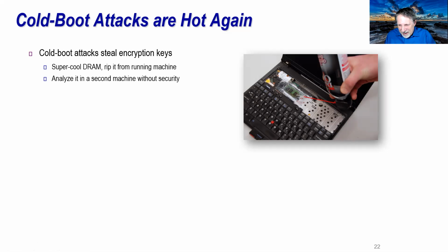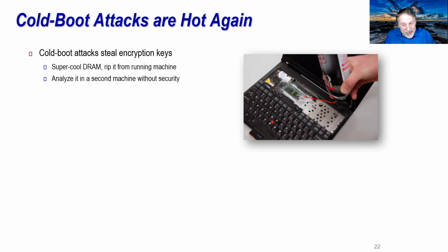You take that DRAM and you move it from that system to another system without good security, and you just dump all the data. Now, we all know that if you pull DRAM out of a system, the DRAM is going to discharge in a couple hundred milliseconds, and you're going to have to be pretty fast to get it to the other system, or you're going to lose all that data.